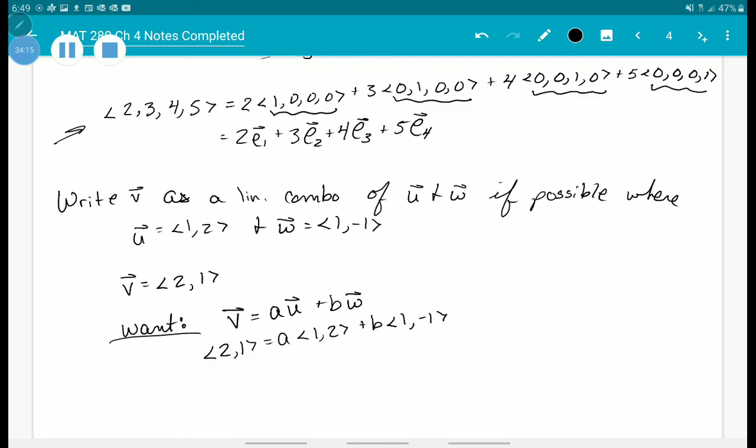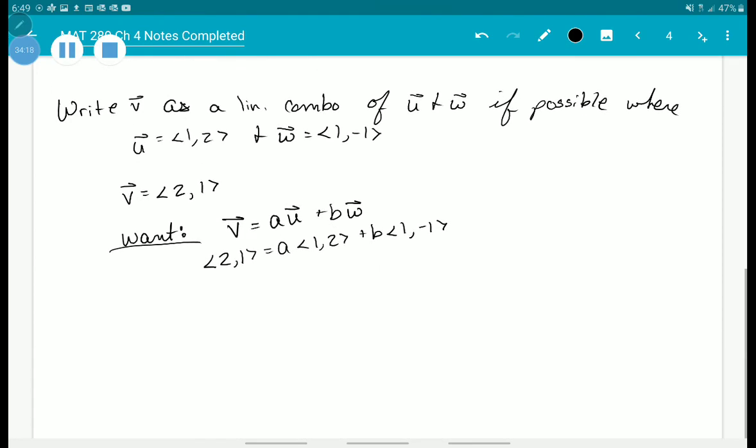So this is going to give us a system of equations that we need to solve. So I'm going to multiply through. So 2, 1 is going to be equal to a plus b, 2a minus b. So those first components give us an equation. 2 has to be equal to a plus b. And then the last components give us another equation.